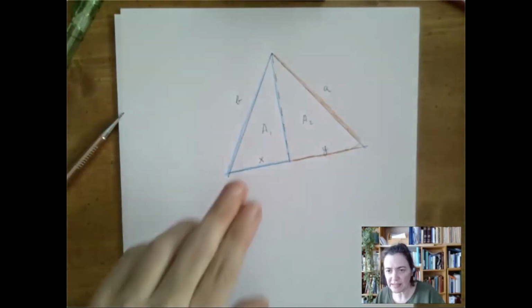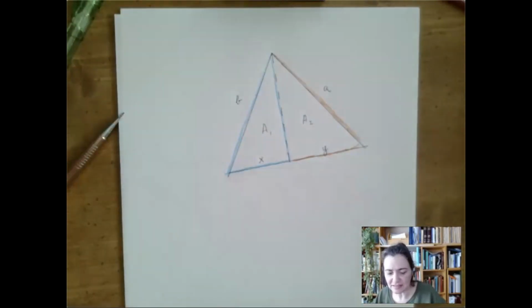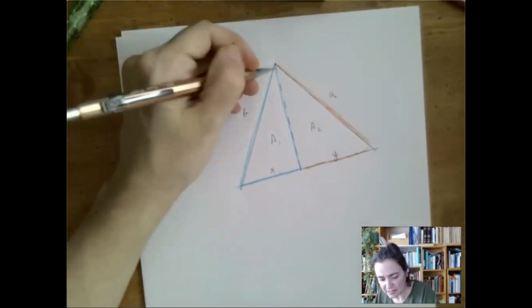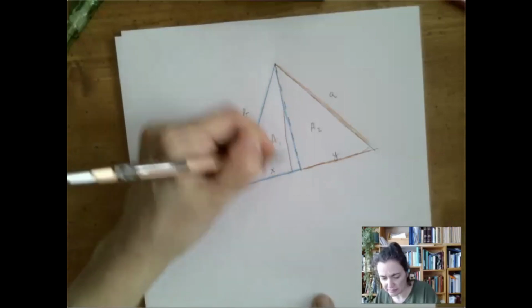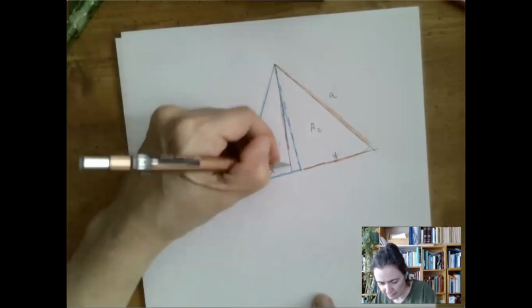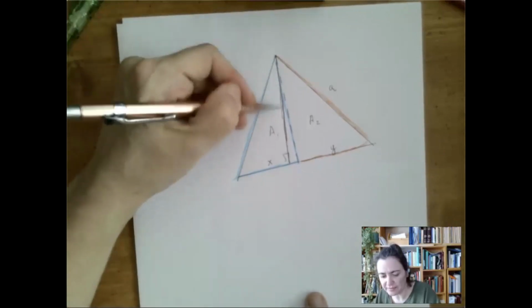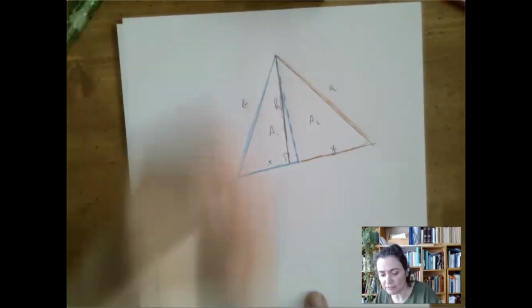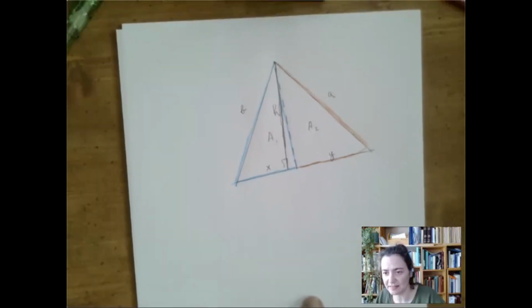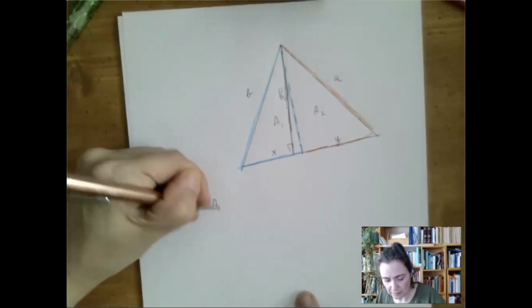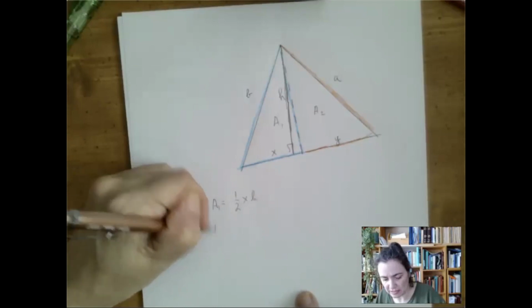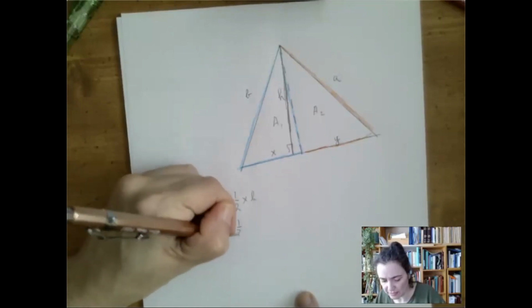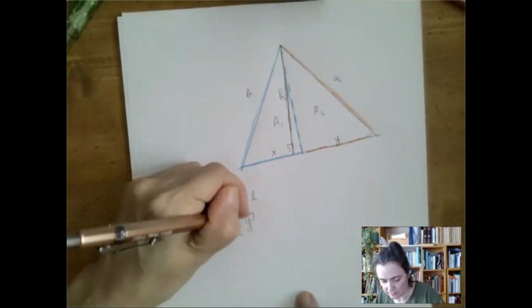If we use X and Y for the base, then these two triangles have the same height. I don't like this picture because it looks very much like it's that blue line, but it isn't. That's the height, but let us call it H, and for both triangles it's the same height. So now A1 is 1/2 X times H, and A2 is 1/2 Y times H.